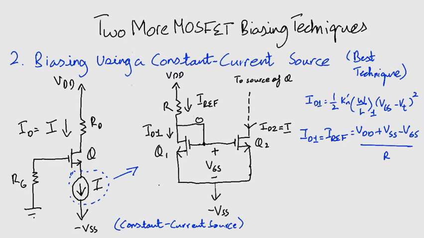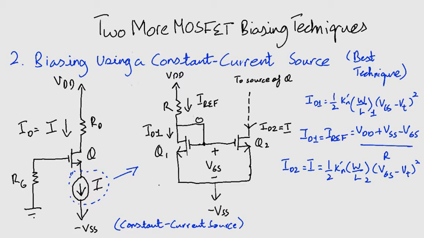Now let's move on to the transistor Q2. Notice that it has the same VGS as Q1. We assume that it is operating in saturation, so we can write the equation for its drain current ID2 as this equation. Notice that both MOSFETs Q1 and Q2 have the same VT.